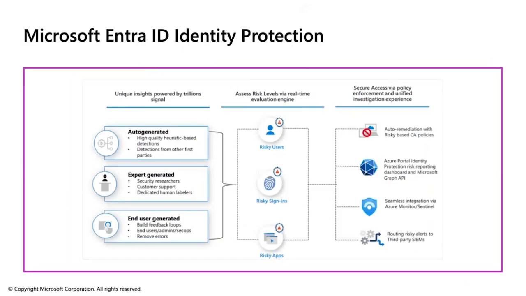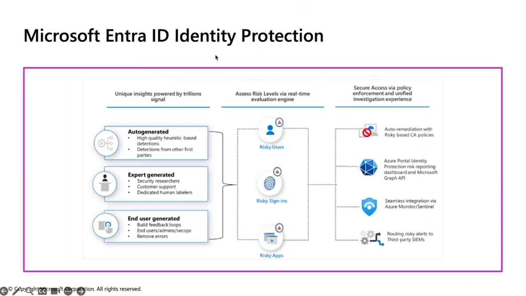Second is P1, Premium 1, with some advanced features. The P2 license, Premium 2, gives you identity protection and governance. In governance, we have entitlement management, access reviews, and Privileged Identity Management under the P2 license. Apart from that, we have one more, the Entra governance license, with advanced governance components. So with the P2 license, you get identity protection.